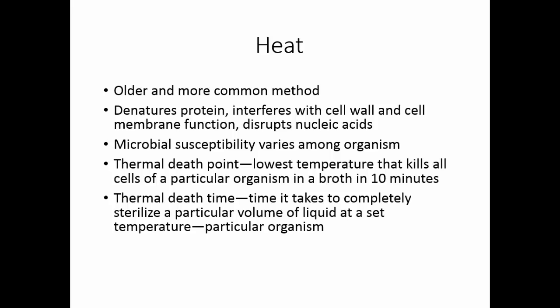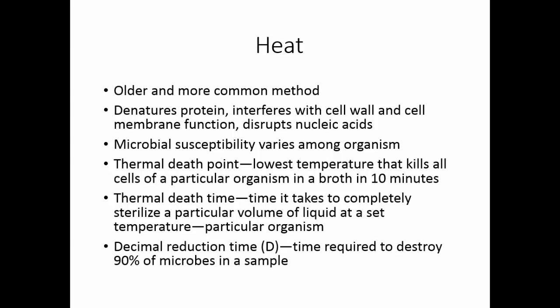Again, this is for a particular organism. The decimal reduction time is the time required to destroy 90% of microbes in a sample. The decimal reduction time can be used to help determine how long an organism needs to be exposed to heat or any other physical or chemical means of disinfection in order to kill the entire population.